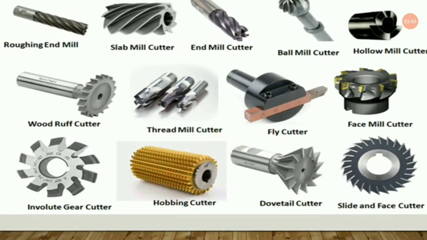If you don't know how these look, that will be a very embarrassing situation for you in any industry. So as a mechanical engineer, you must have a clear-cut idea, at least a visualization, of how the different milling cutters look.